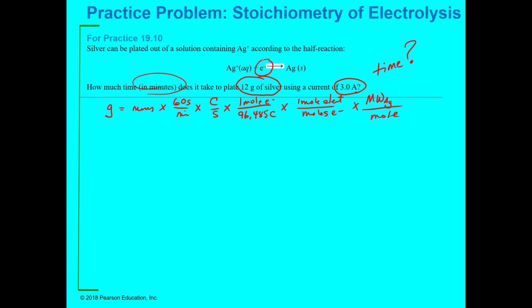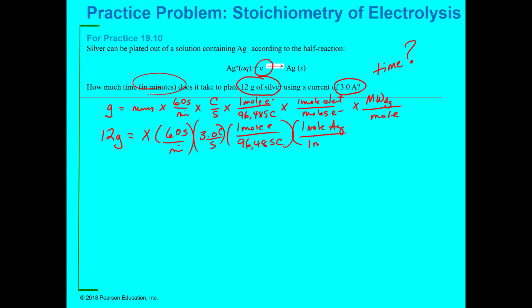And leave the minutes as X. Okay, so your number of grams is 12 grams equals X times 60 over 1 times amps, which is 3, times Faraday's constant, 1 mole over 96,485 coulombs, times 1 mole of silver and 1 mole of electrons, because that's all we did that time.